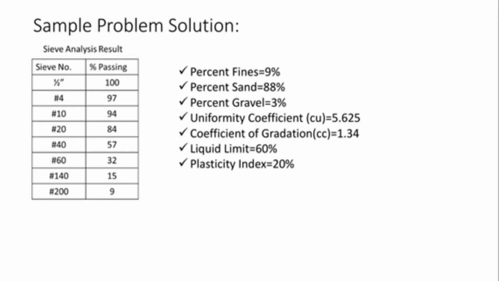Here's the answer. Percent fines is 9% because it is what passes the number 200 sieve. Percent sand is 88%. Percent gravel is 3%. The uniformity coefficient and coefficient of gradation formulas I already posted in the problem solution that I gave to our classmates. The liquid limit is equal to 60% and the plasticity index is 20%.